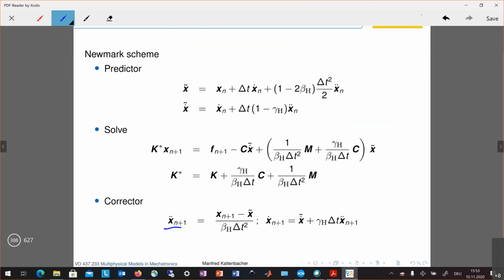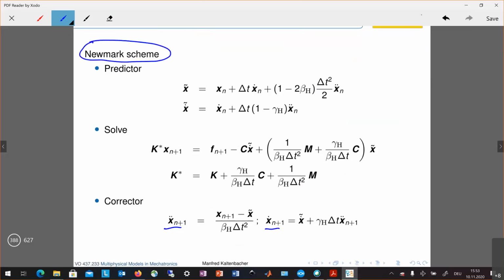So x dot n plus 1 and x double dot n plus 1, as you can see, by also using the new solution x n plus 1 and the predictors x tilde and x dot tilde. So this is the standard scheme, the so-called Newmark scheme, which we also have implemented within our software.